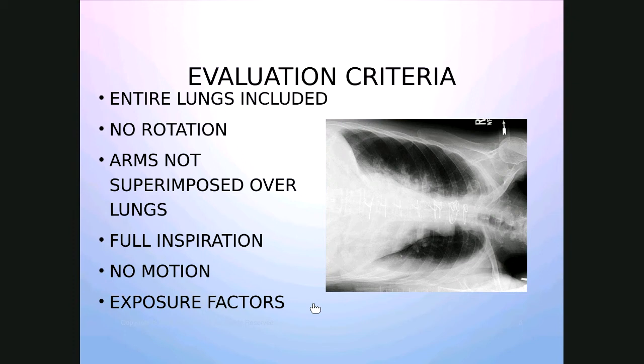And when we look at decubitus views, realize that air rises and fluid falls. So if you look right here, this is actually fluid in the left lung. You can see air. Let me try and outline that for you a little bit.